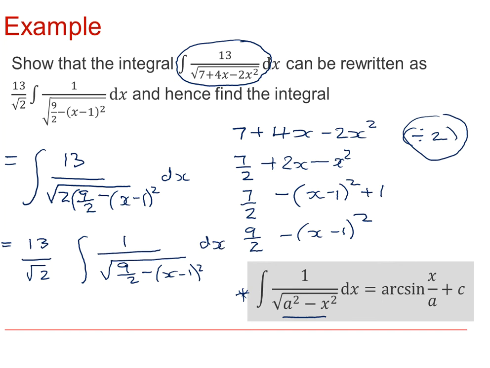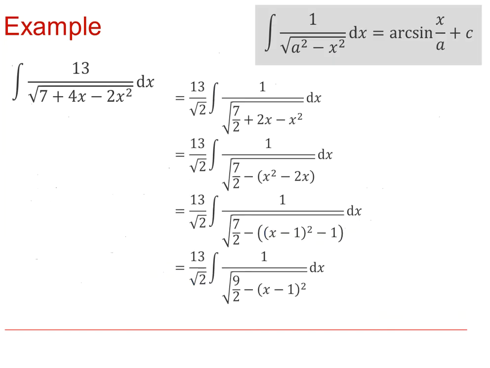I can see this is now of the right form, with a equal to 3 over root 2 and x being replaced by x minus 1 in the standard result.